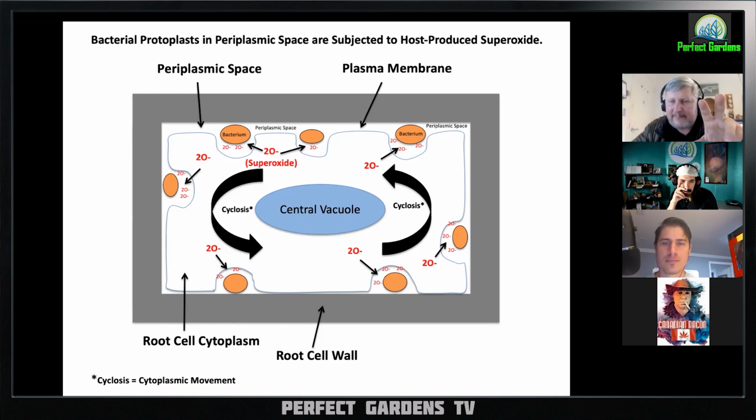The plant is moving these bacteria around like this in a process we call cyclosis. So it's circulating around and around. What that does is, the plant's hitting these microbes with superoxide, and then it's moving them. Those bacteria are in total control.